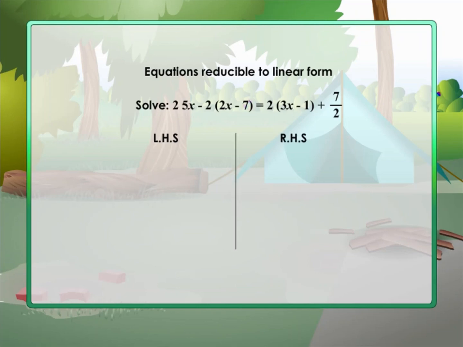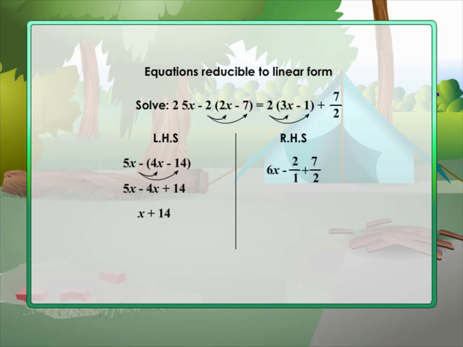Now consider the LHS. 5 into x minus 2 into 2 into x is 4 into x. 2 into minus 7 is minus 14. Now multiply the minus sign inside the bracket. So 5 into x minus 4 into x, minus into minus is plus, so plus 14. Again 5x minus 4 into x is x plus 14, hence we have simplified the LHS.